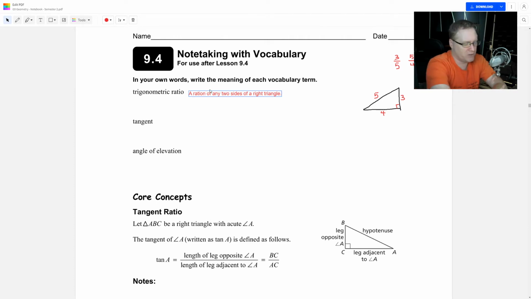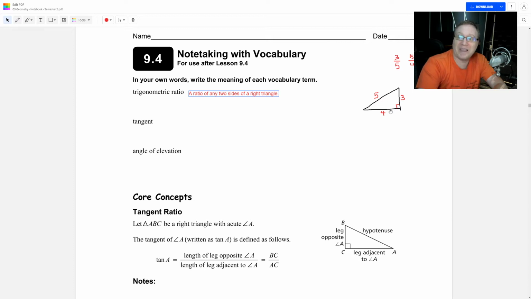A ratio of any two sides of a right triangle. So we pick two sides, and then we make a ratio with it. All right, that's all we have to do. That's a trigonometric ratio. Now, I just said there are many different trigonometric ratios. We could do 3 over 5, 5 over 4, 4 over 5, or anything like that.